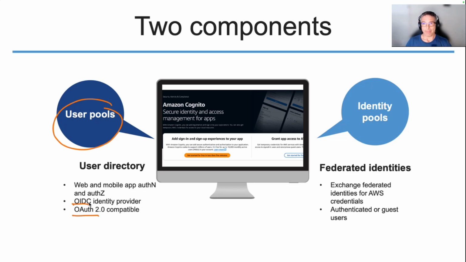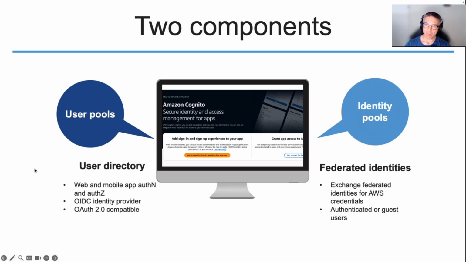So that's user pools. Identity pools, on the other hand, are different. Identity pools return temporary AWS credentials, for authenticated, that is signed in, trusted users and for unauthenticated or guest users.